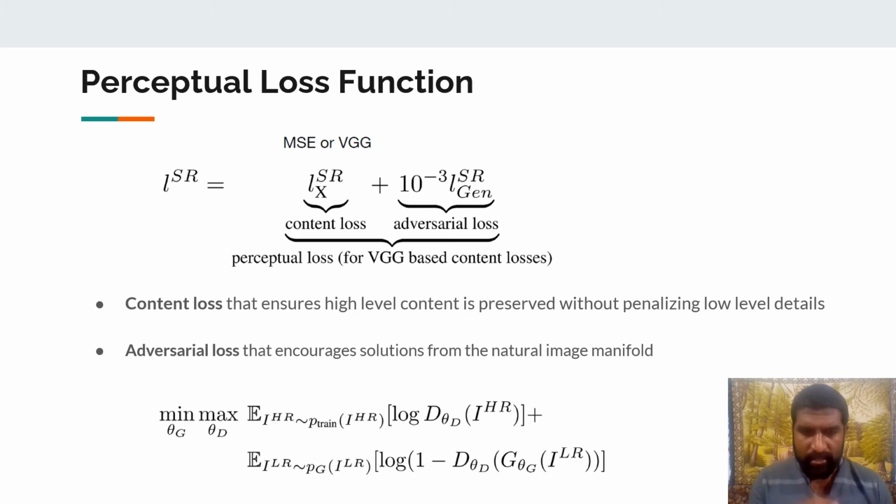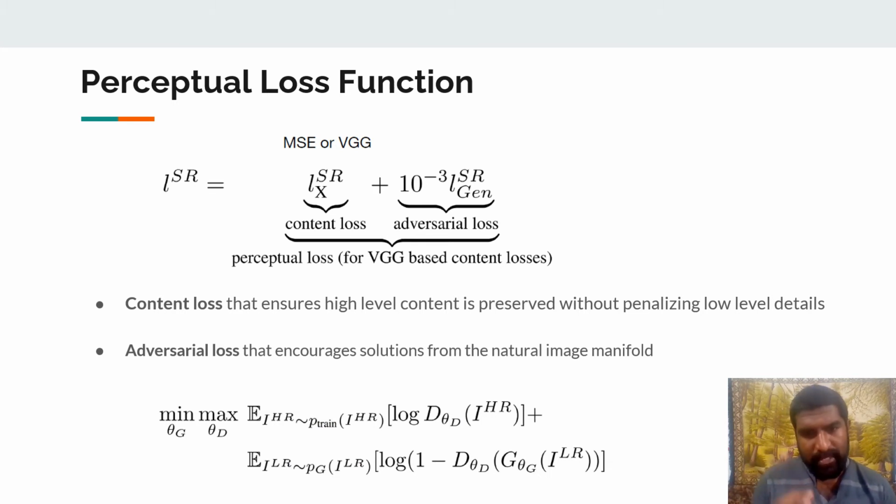The content loss could take two possible forms: we can either take an MSE based content loss, or we can take a VGG feature based loss function. What they have used in the SRGAN is a VGG based loss function for this content loss.